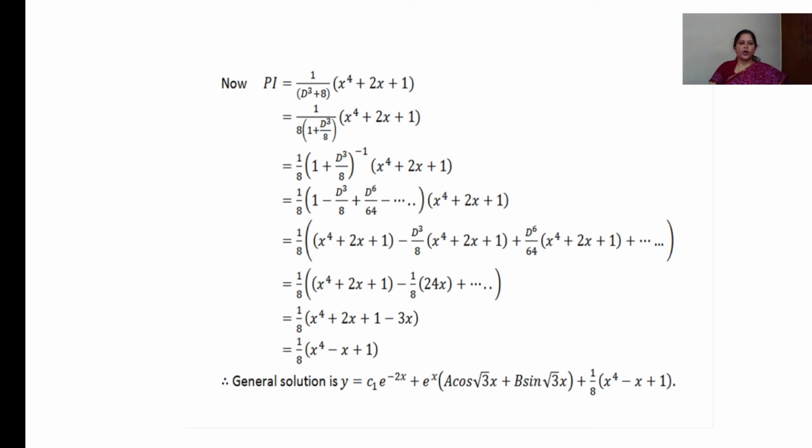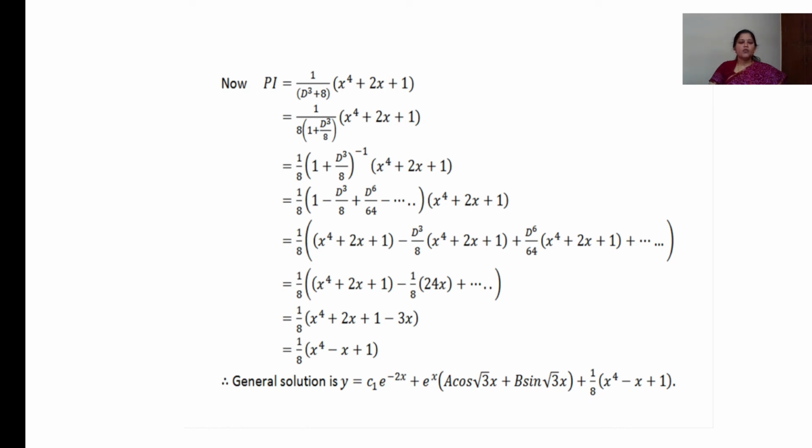We will get 1 over 8 into 1 plus D cube by 8 into x to the power 4 plus 2x plus 1. Bring that 1 plus D cube by 8 to the numerator. We get 1 by 8 into 1 plus D cube by 8 whole to the power minus 1 into x to the power 4 plus 2x plus 1. Now we have to go for the expansion.